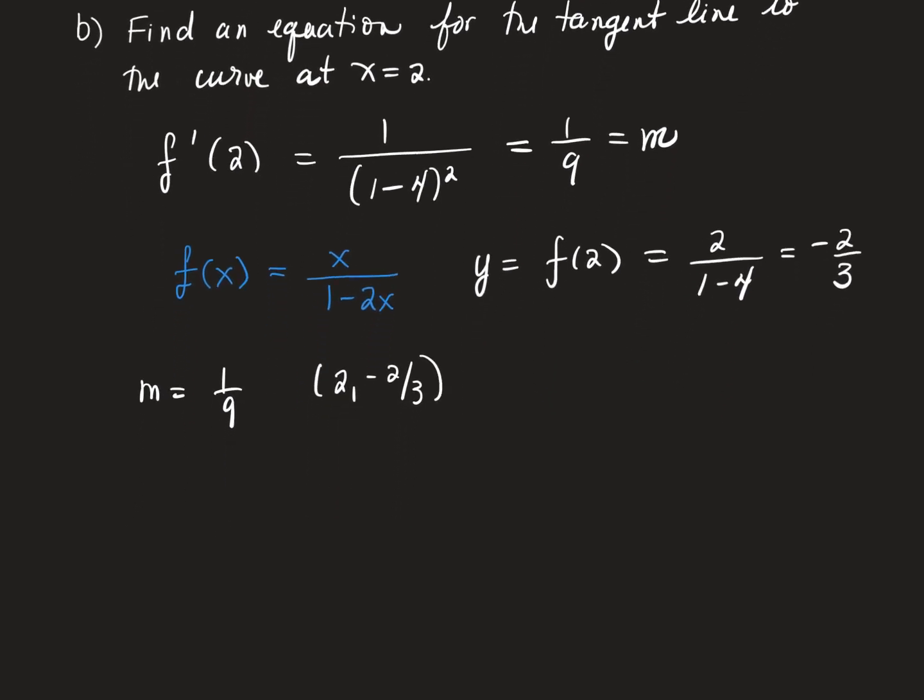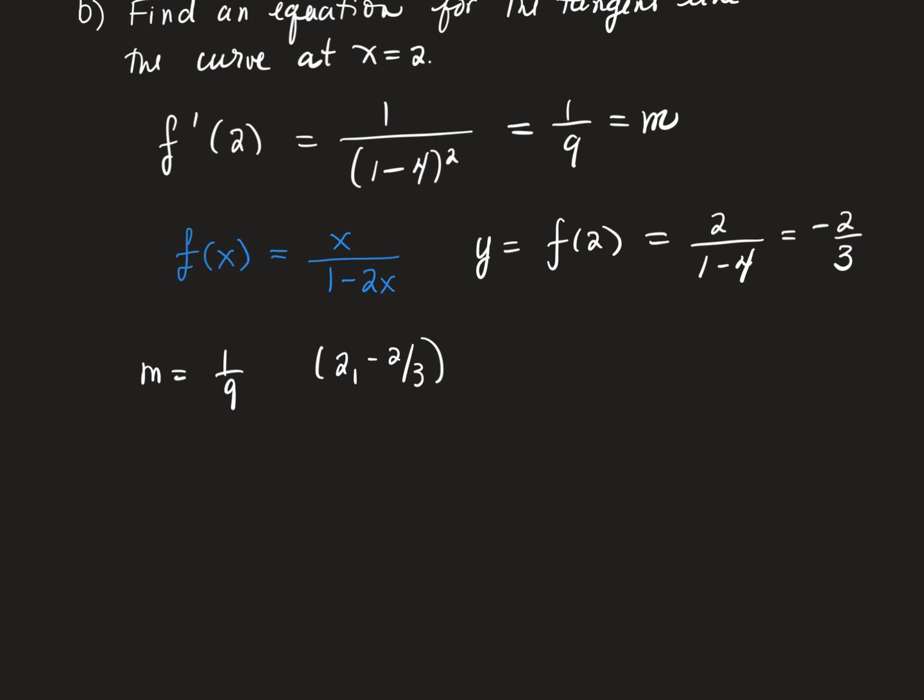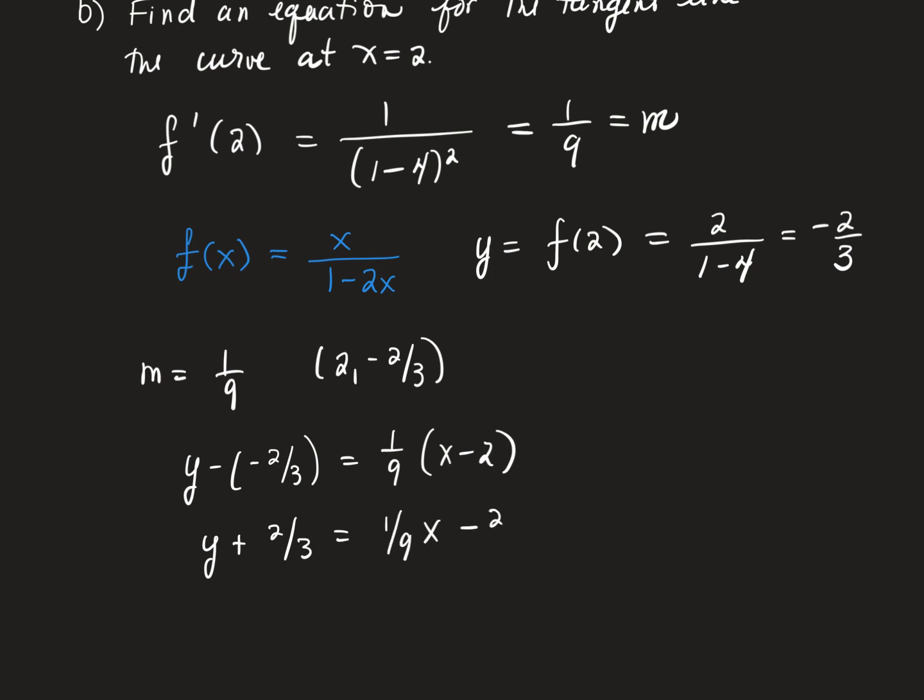And so you can just go ahead and use the point slope formula. So we have y minus negative 2/3 is the slope, 1/9, times x minus 2. And let's simplify that. So I have y plus 2/3 is 1/9 x minus 2/9.